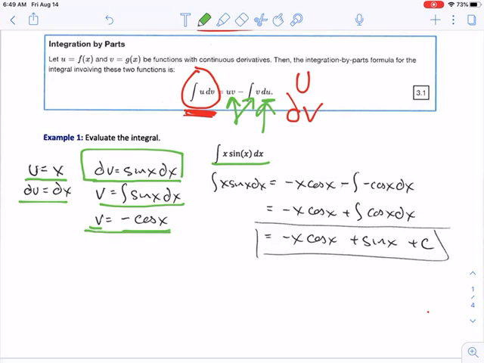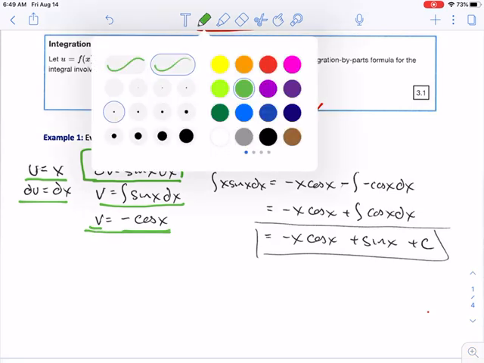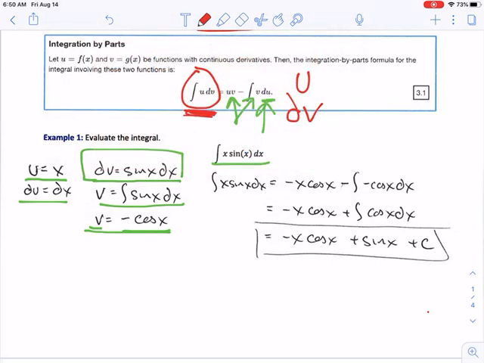So what we're really doing here is we are starting off with identifying a function u and finding its derivative. We are then taking the rest of what is there and calling it dv, the derivative of v, and finding its antiderivative.